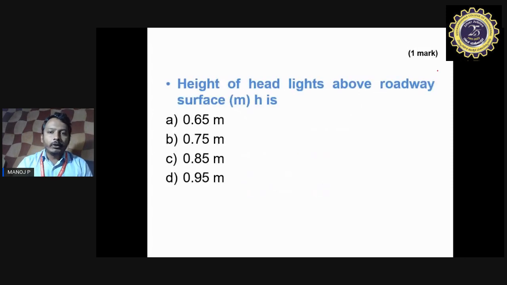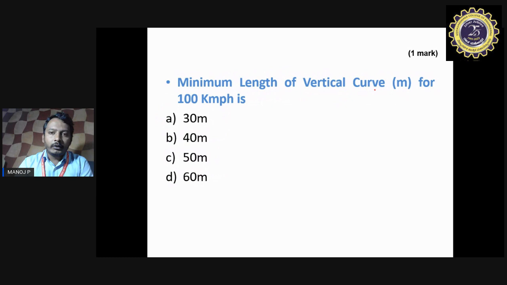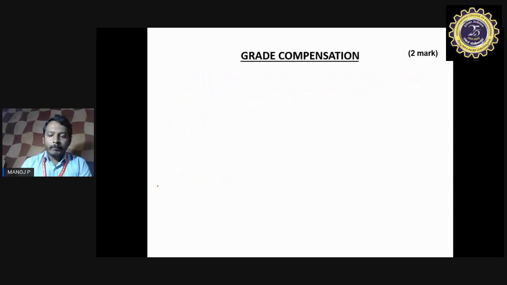Height of headlight above the road surface is 0.75 meters. Inclination of a headlight beam with the horizontal, alpha, in the valley curve is 1 degree. Minimum length of vertical curve for 100 kilometer per hour, as I showed you in the table, is 60 meters.